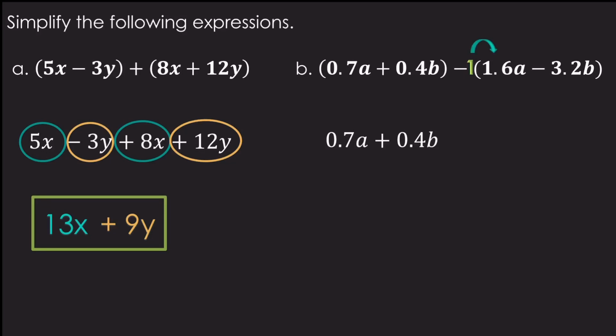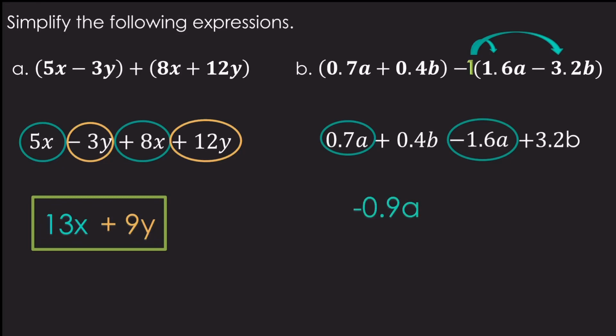I'm then going to distribute my negative 1. I'm now going to get negative 1 and 6/10 A. Then I distribute my negative 1 again and get a positive 3 and 2/10 B. I am now at this stage where there's no more parentheses. I can combine my like terms like we've done on the past two examples. So I have 7/10 A and negative 1 and 6/10 A. When I combine that, I get negative 9/10 A.